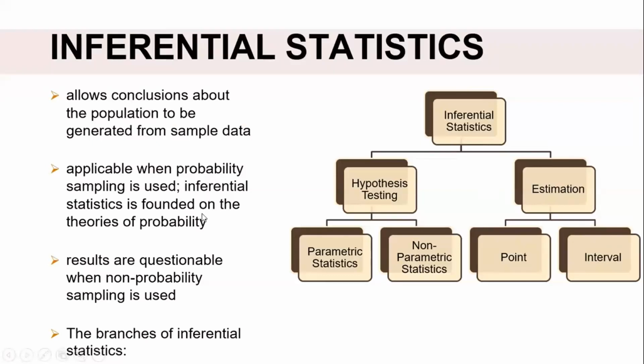Inferential statistics is founded on the theories of probability. Results are questionable when non-probability sampling is used. That is why it is very important that you know what sampling technique you utilized, because later on it might affect the type of generalization or conclusion that you could get from your data. And the branches of inferential statistics are the following. In doing inferential statistics, you could do either hypothesis testing or estimation.